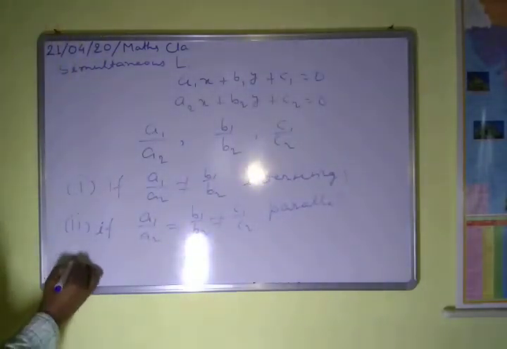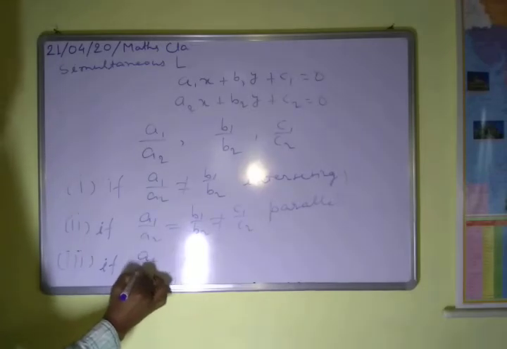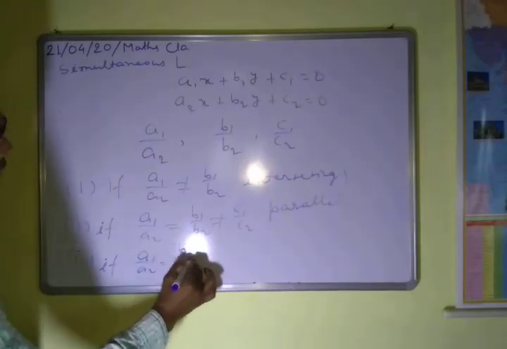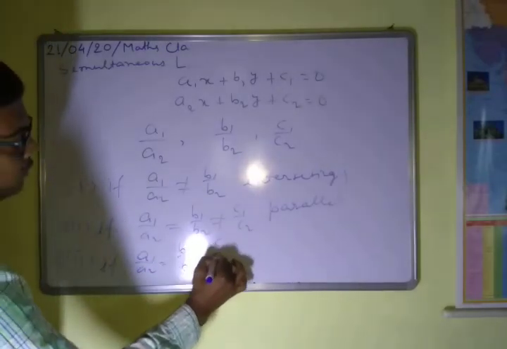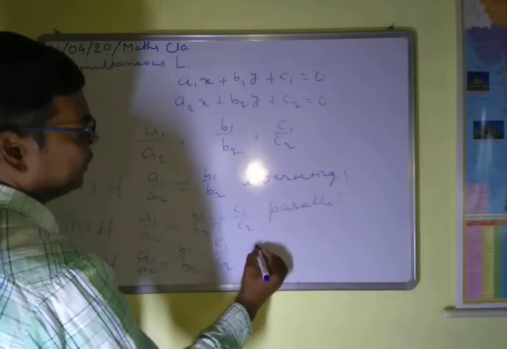The number three condition is that if a1 by a2 is equal to b1 by b2 is equal to c1 by c2, that is, all are equal, then the lines will be overlapping.